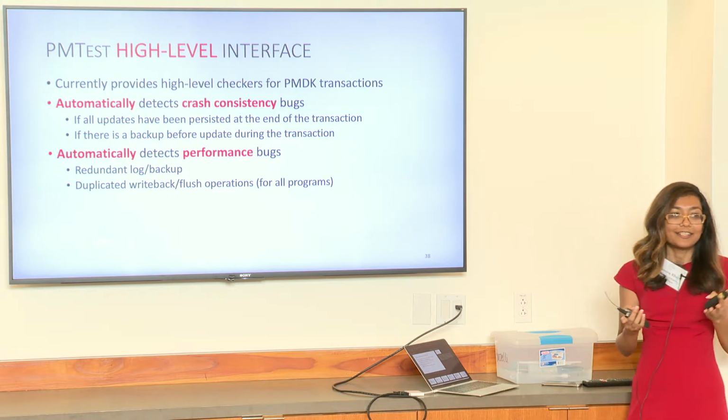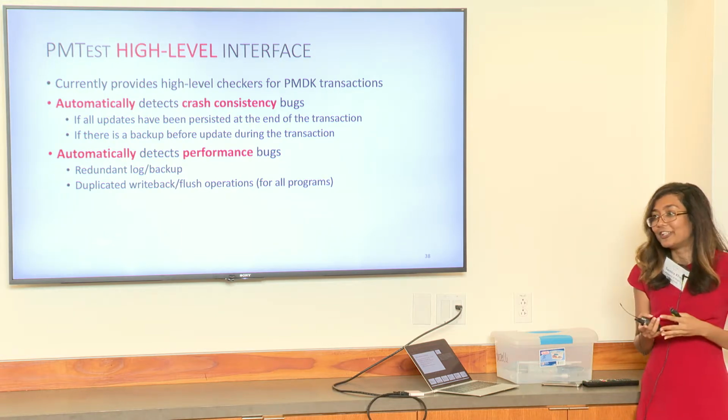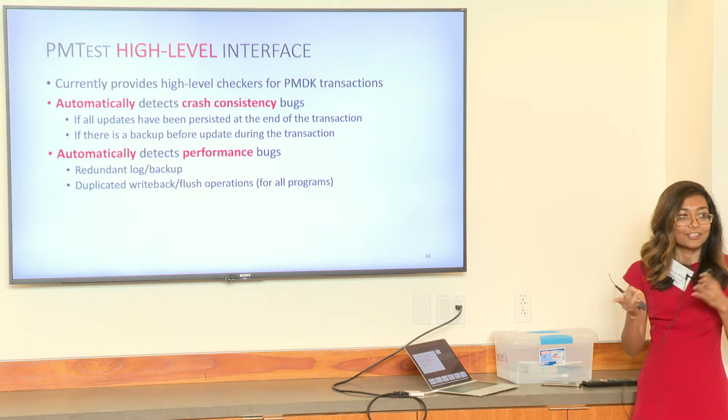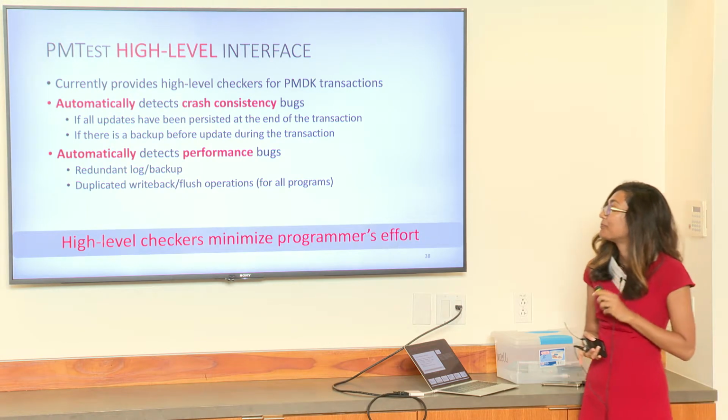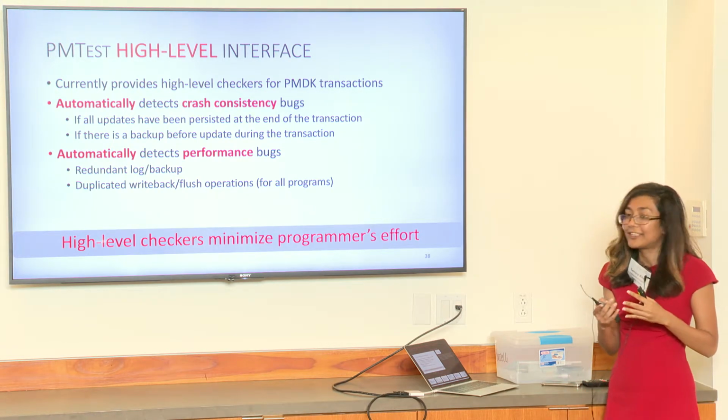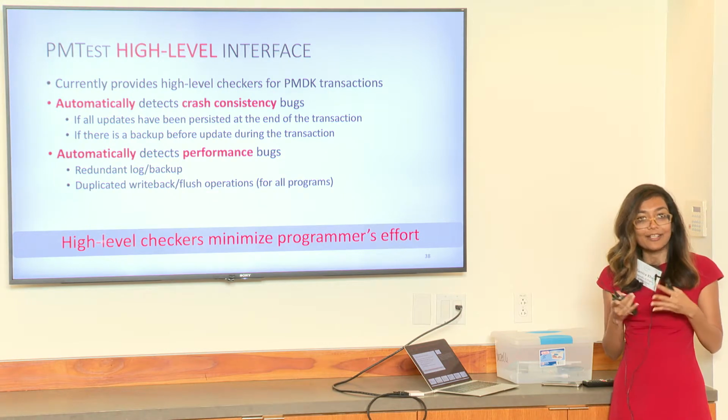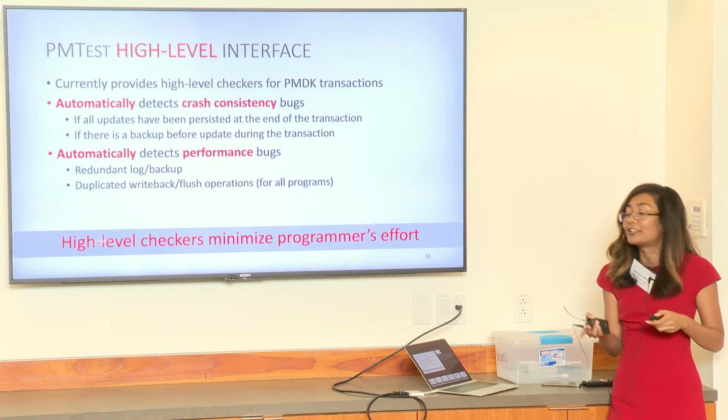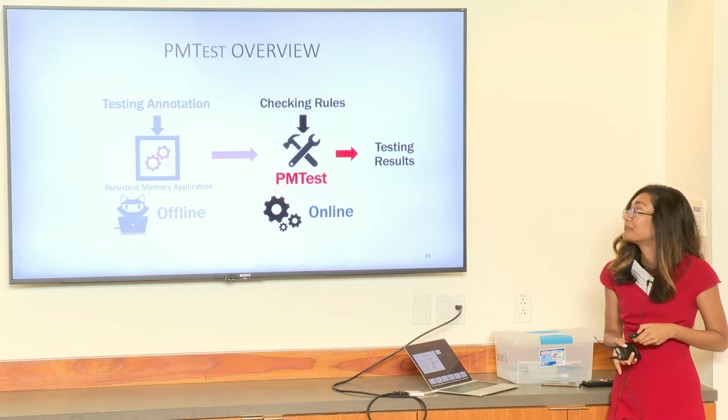We can also detect some performance bugs if someone used too many flushes or logged the same thing twice. So in the end, high-level checkers are mostly automated, which reduces the burden on programmers.